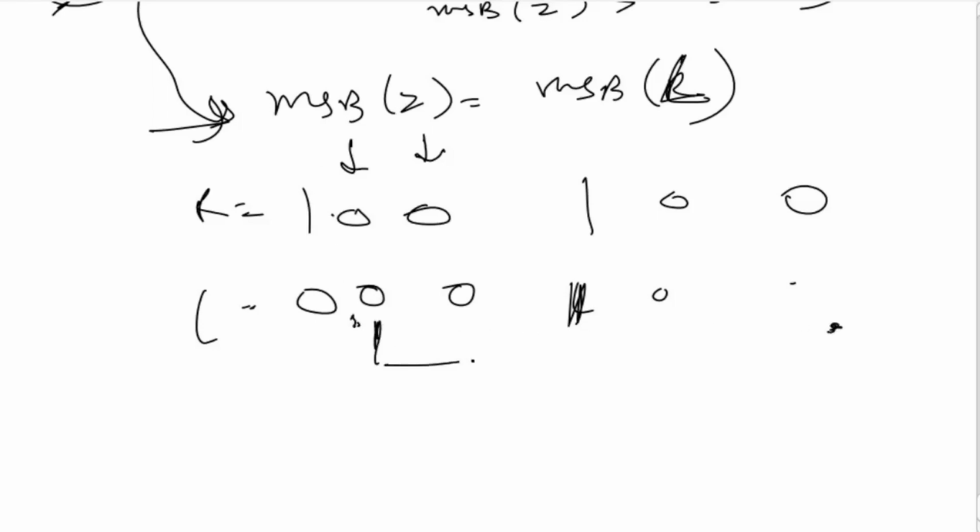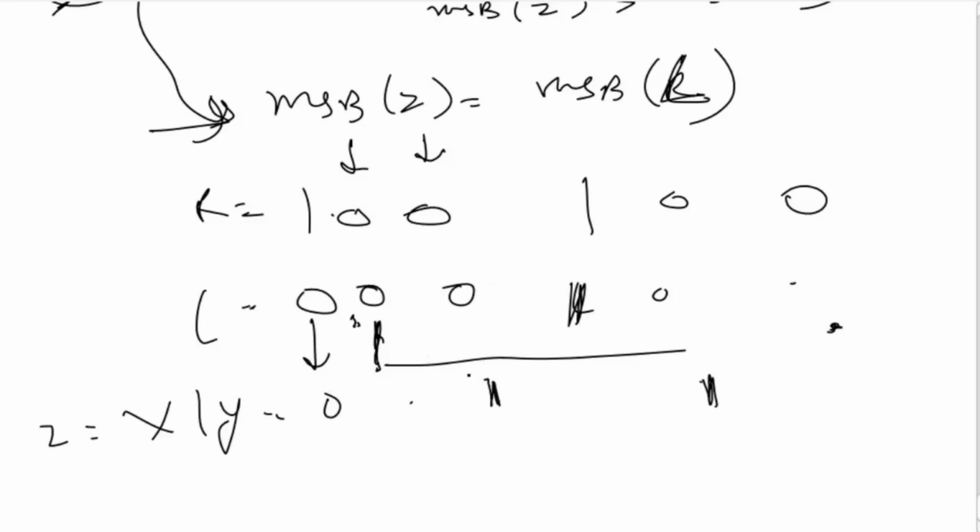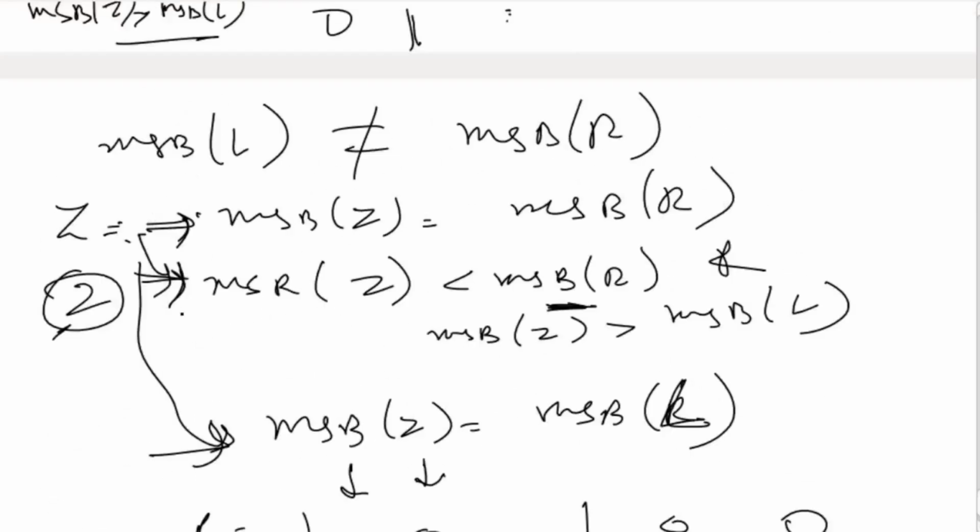So we'll take X or Y from this bit to this bit, so the first bit is 0, then we'll take OR from these bits. Now if the MSB of X or Y is something like here, that is, it is less than L, then our Z is less than L, so we can't allow that. So we'll simply add another bit here, that is just greater than L. Then we'll get our value of Z equal to X or Y satisfying this condition and the condition in the problem statement.